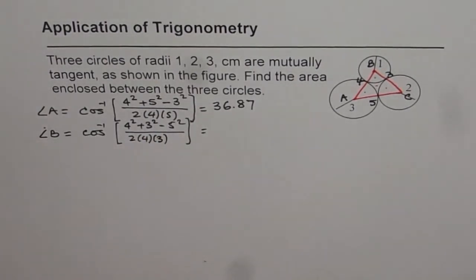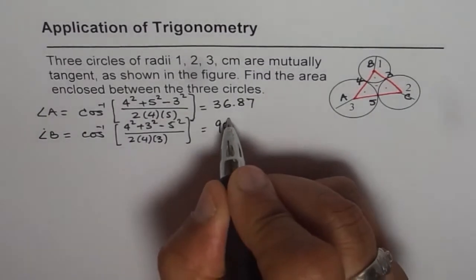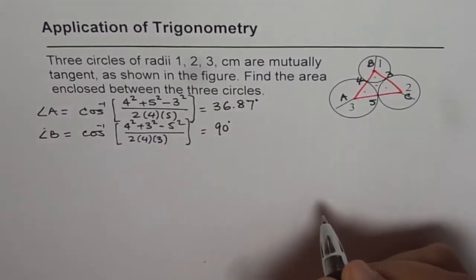So that gives us second function cos inverse, again two brackets, 4 square plus 3 square minus 5 square bracket close, divided by within brackets 2 times 4 times 3 bracket close, equals 90 degrees, right? So as expected, that is indeed 90 degrees, right?